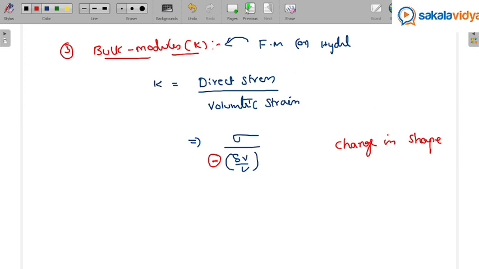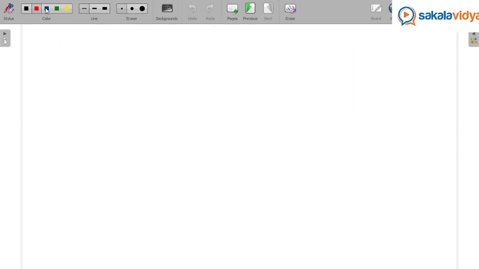Now let us see what is the relationship between them. This question is very important: the relationship between Young's modulus, shear modulus, bulk modulus and Poisson's ratio.